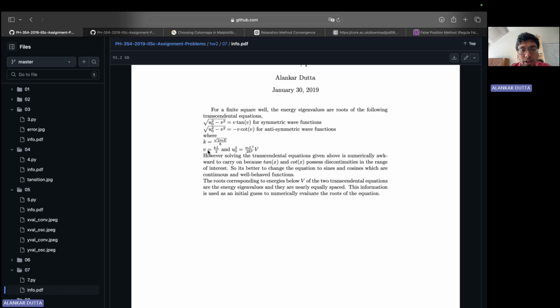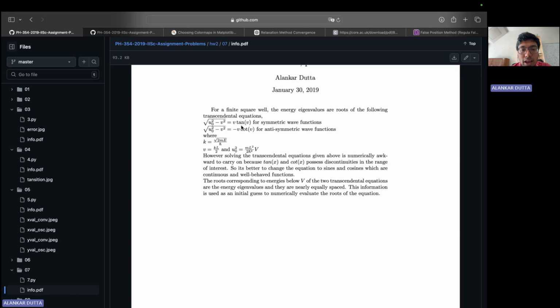So everything is known except for v, which is kL over 2, right? And k is related to energy as root 2mE over h bar, right? So if we are able to find v, then we are obviously able to find the energy of the quantum state.